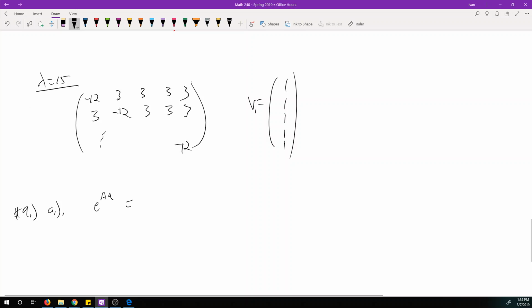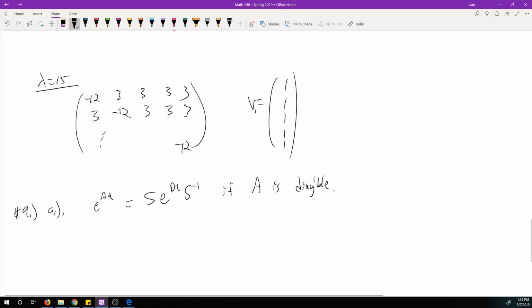And I think I got to this on Friday, but not on Wednesday. What it is, it's the following. If you can diagonalize a matrix, it's really S e to the Dt S inverse, if A is diagonalizable.